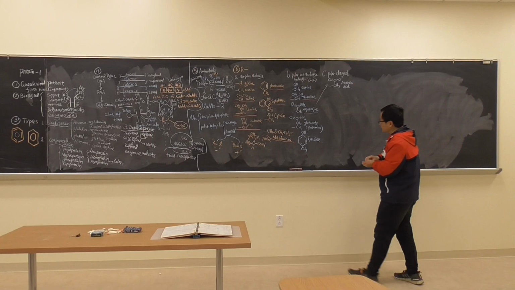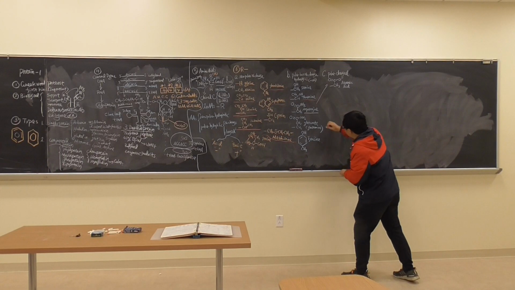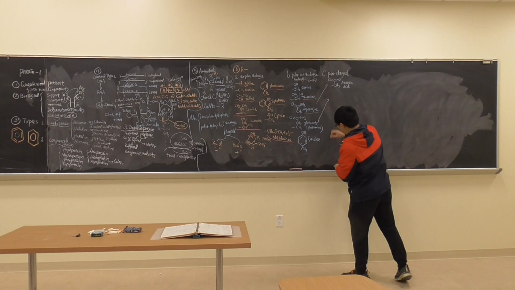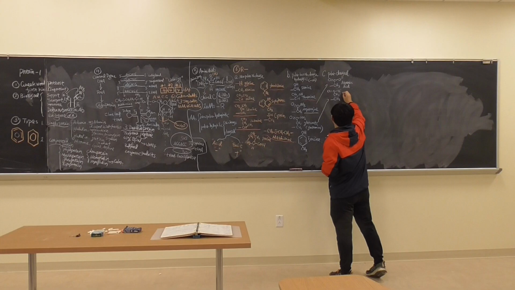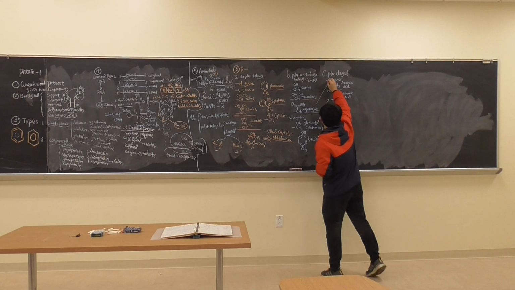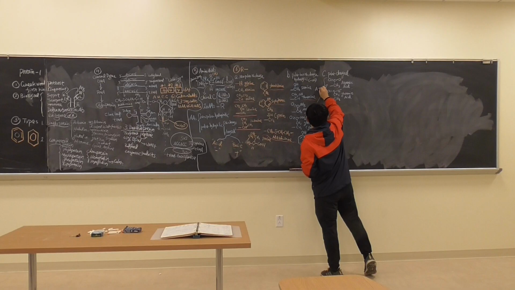And then you have glutamate right here. It's very easy, the same thing, just add one CH. So CH2, CH2, go C. This is called glutamic acid. Now, these are negatively charged. That's why we call these two acids.